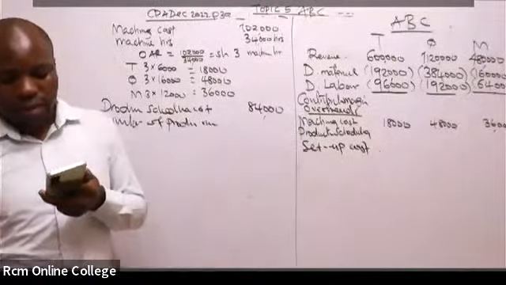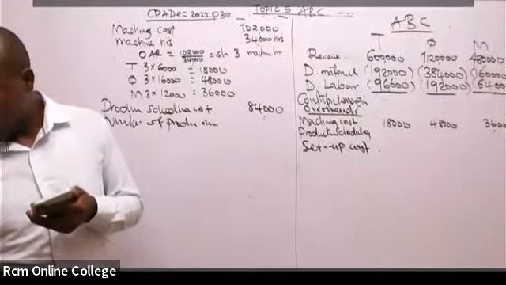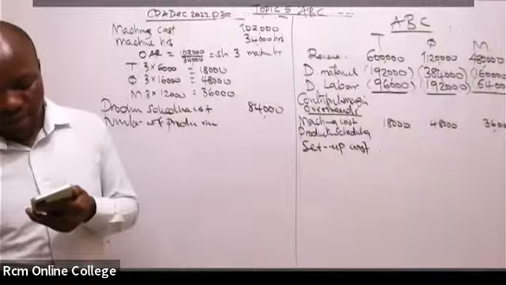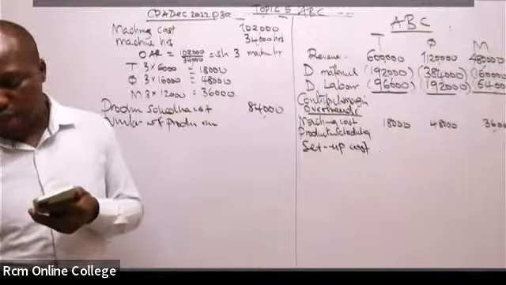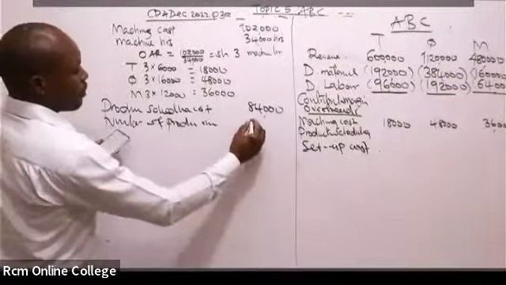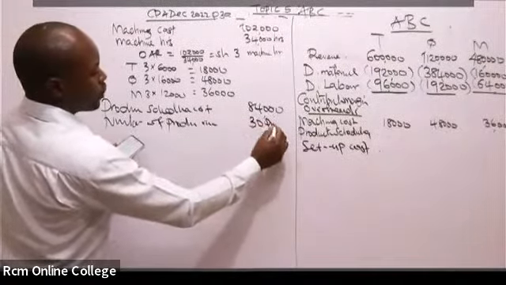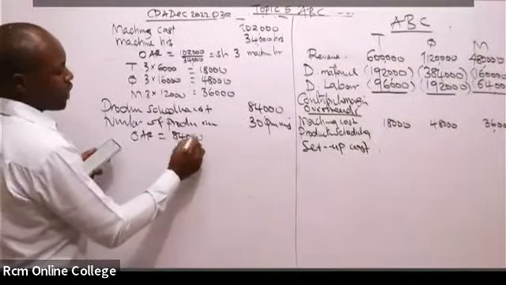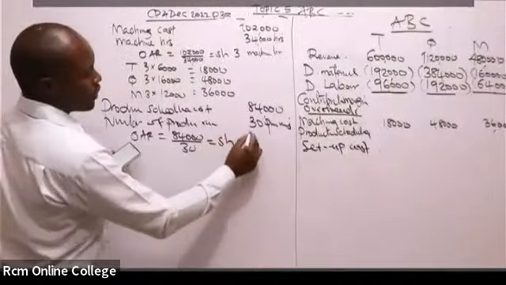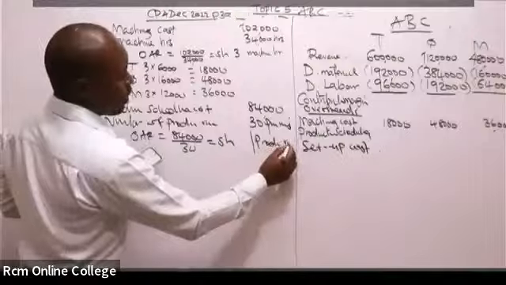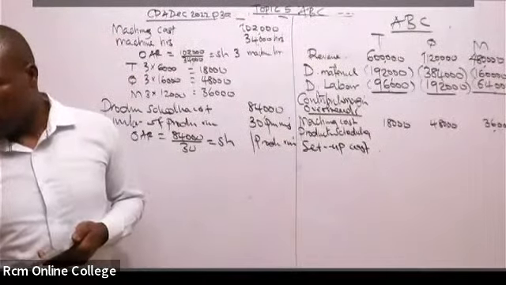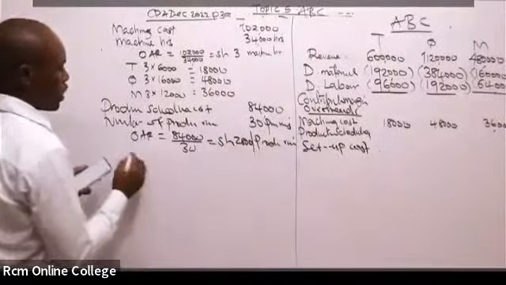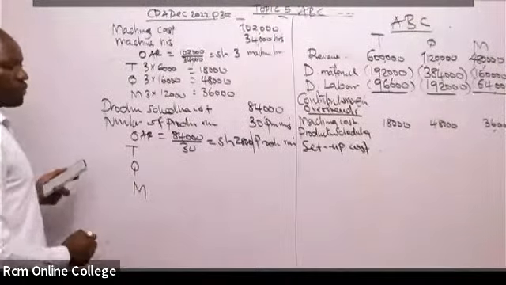What are you getting? Yes, 30. So we have 30 production runs. The overhead absorption rate is 84,000 divided by 30, shillings per production run. What are we getting? 2,800.